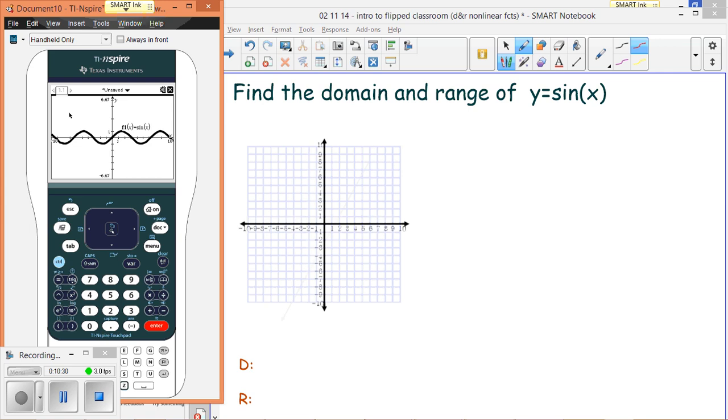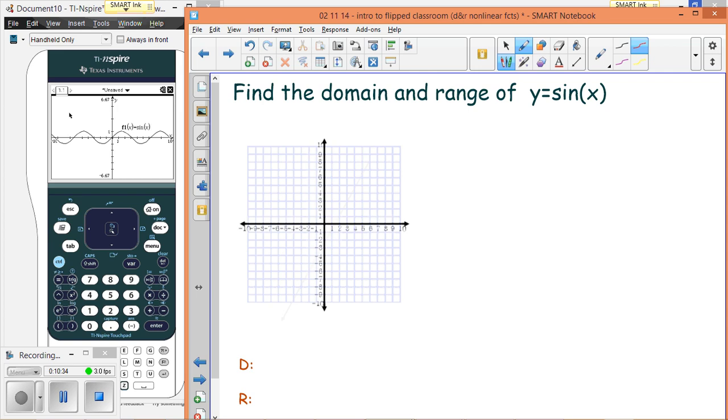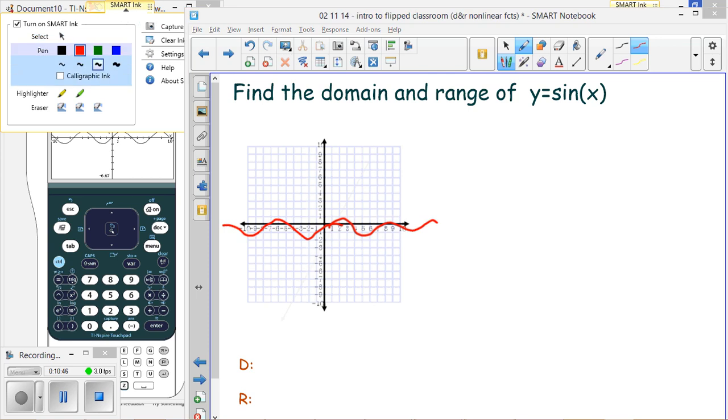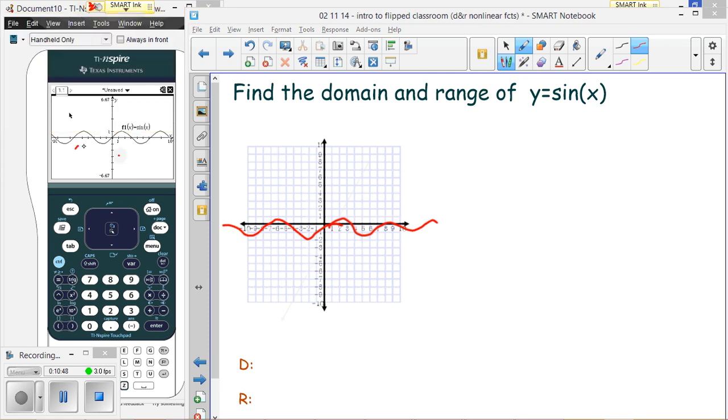Okay, but what this does is it moves kind of like this. Clearly I haven't drawn it perfectly because as you can see over here on the window, its minimum value and maximum value are -1 and 1.